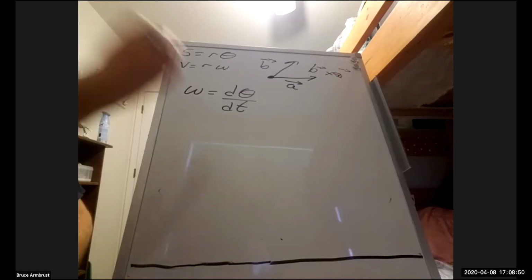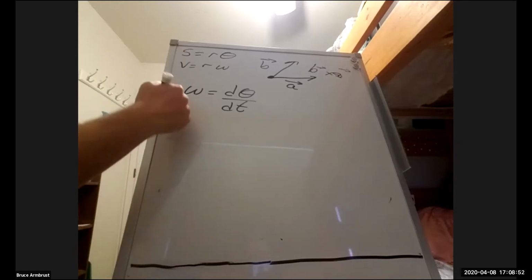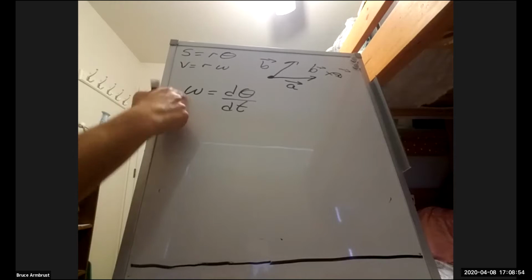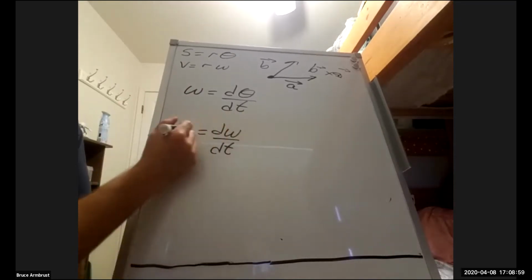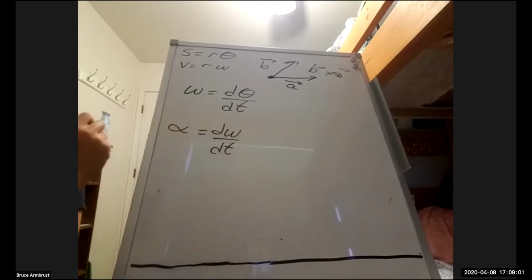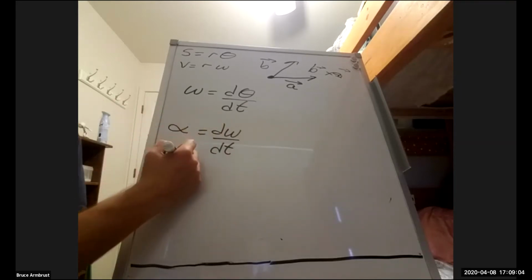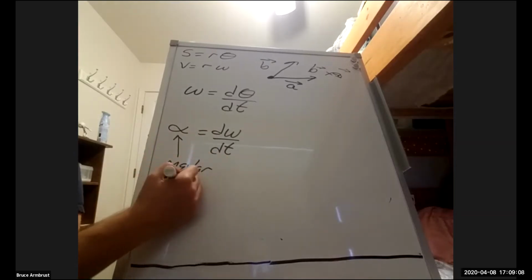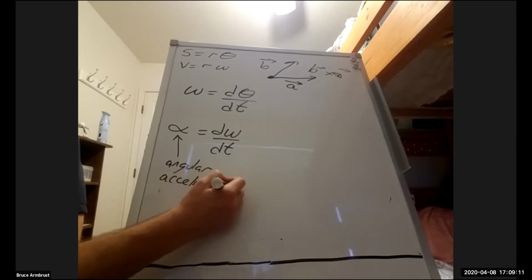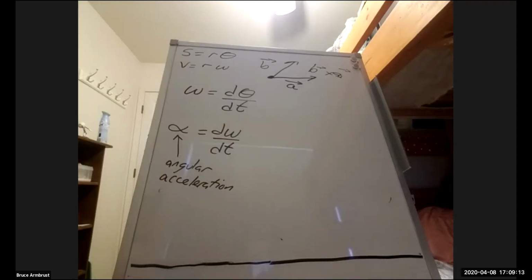All right, now angular acceleration is going to be the derivative of this. So we're going to do a d omega dt, and we use alpha for angular acceleration. So angular acceleration is a measure of how the angular velocity is changing. So think about something that's spinning, a bicycle wheel, let's say.